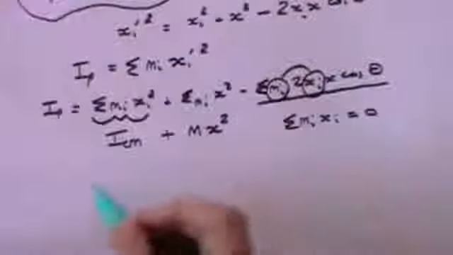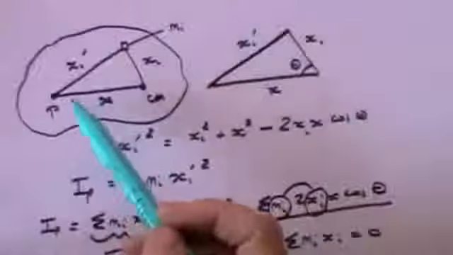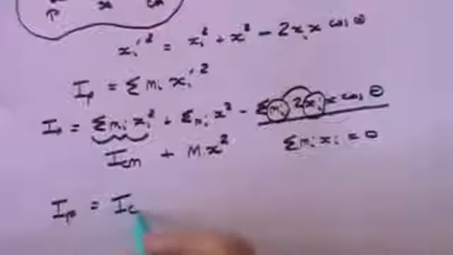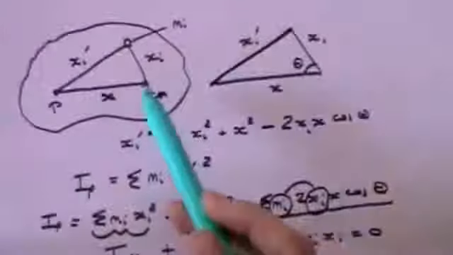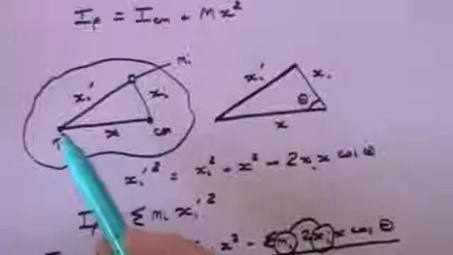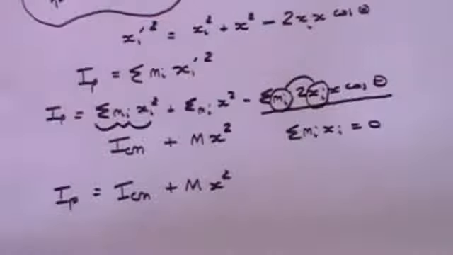And thus we're left with what we wanted, that the moment of inertia about any point P is equal to the moment of inertia about the centre of mass, which you'll need to know, plus the mass of the body times the distance squared between the centre of mass and the point at which you wish to pivot it. So it saves you working out the moment of inertia from first principles every time.